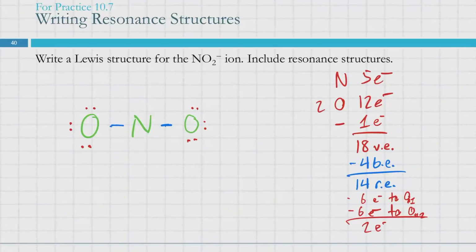We'd have 2 electrons left, and those will go to the nitrogen. If we do a quick check of our octets, our oxygens are happy. We prioritize them first, and so they're good. Our nitrogen in the middle, not so happy. It's got 2, 4, 6 electrons. It needs 2 more electrons, and this is where we invoke double bonds.